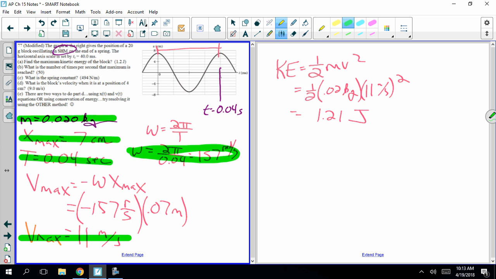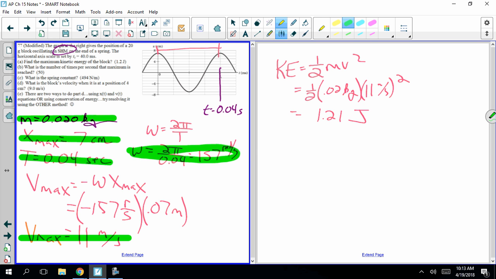Let's see, part B. What is the number of times per second that the maximum is reached? So, how do I want to say this? You got an idea, Patrick?